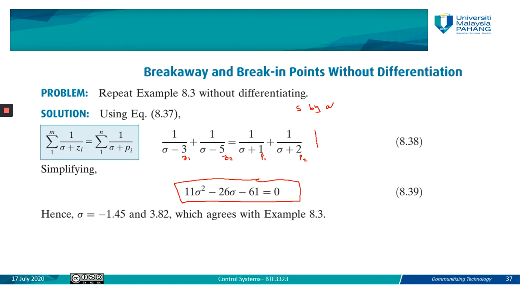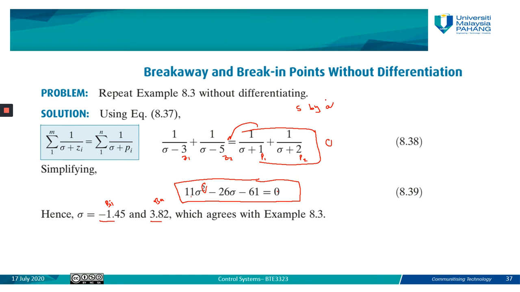After you take all this to the left side, you still have 0 only here. You solve this second order equation with one variable, sigma, using any method, and you find the values of sigma, which are the break-in point and the breakaway point.